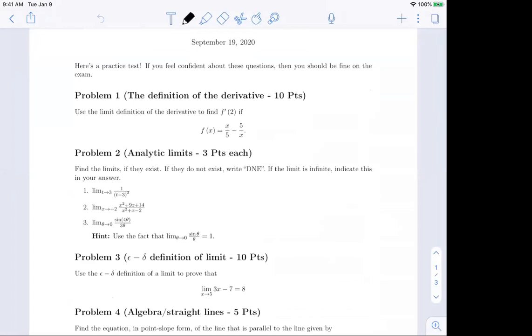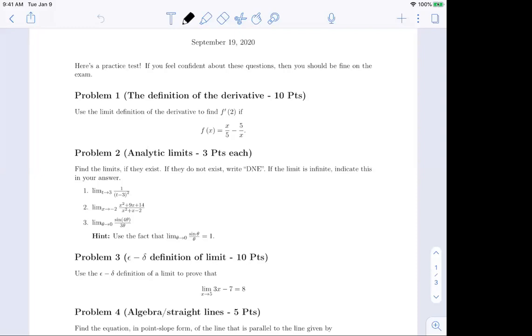The way I did this is I wrote out what I thought would be a good test as a first draft, and I said this is just a practice test. So the real test is going to be based off of this first draft. There might be a few minor changes and a few small things that are different, but I wrote this intending it to be a first draft of the exam. So take that for what it is.